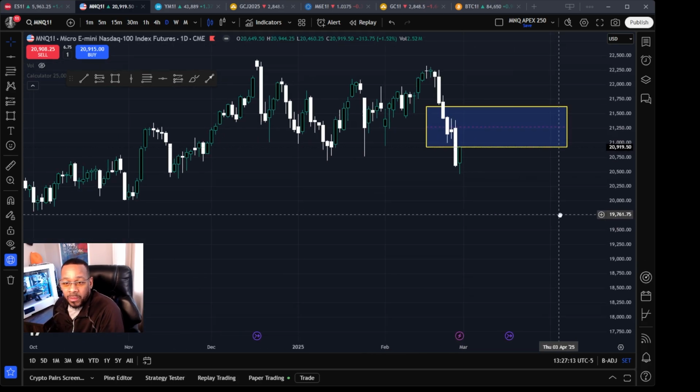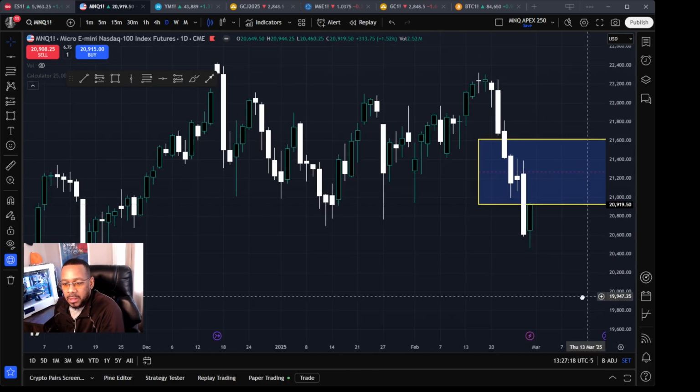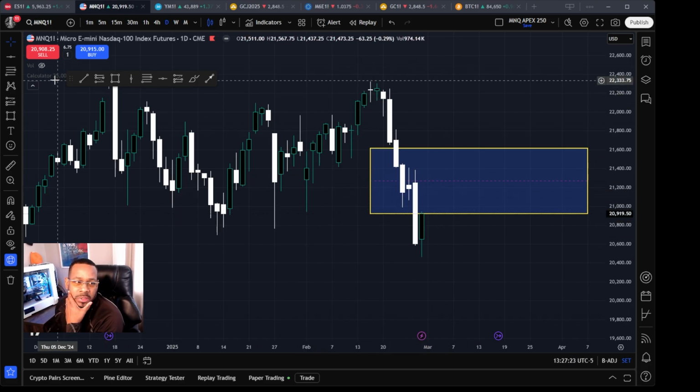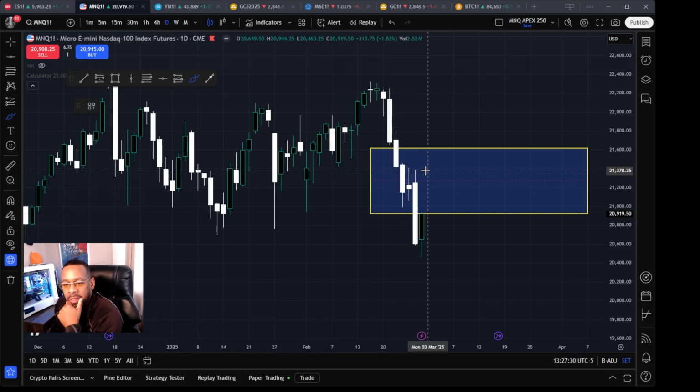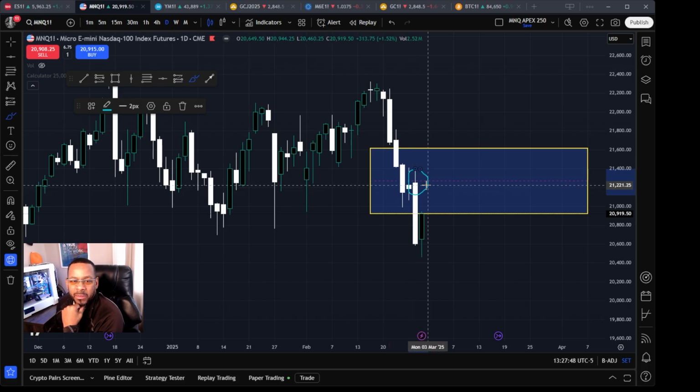And again, we're looking at our daily. We want price to close above this high. We need to see what's going to happen when the market opens. 21.068 is the bottom of the previous candle.